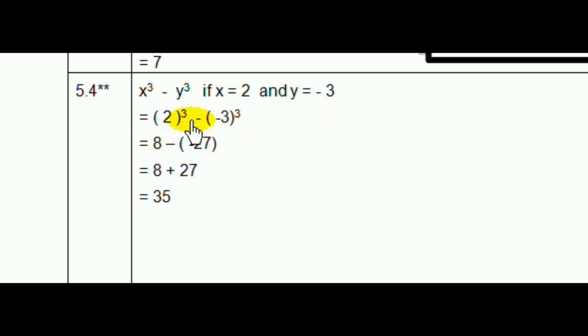So if you can just get that step there, then of course it is simplification further on. 2 to the power of 3 gives you 8, minus 3 to the power of 3, minus 3 times minus 3 times minus 3 is minus 27, and there's another minus sign, so at the end you have plus 27. 35, the answer.